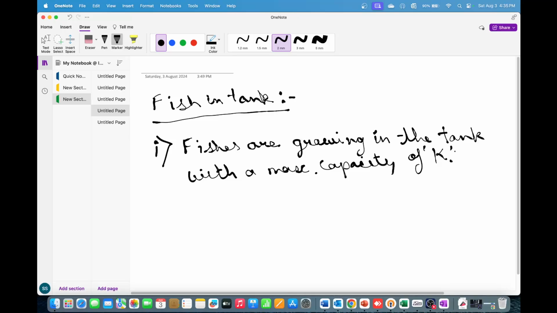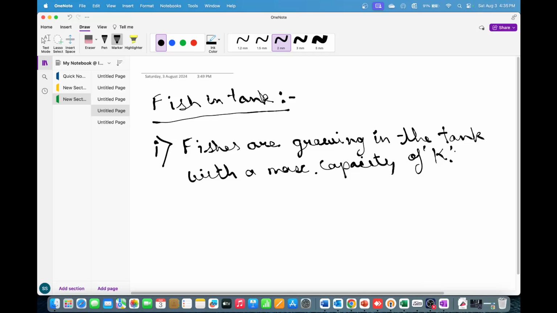So the amount of volume that can be accommodated in a tank or an aquarium is fixed. So the number of fishes in the tank cannot keep on growing. At one point of time, there will be too many fish in the tank, and there will not be enough resources and water for every fish in the tank. So eventually they'll die out. So there is always a carrying capacity of a system.